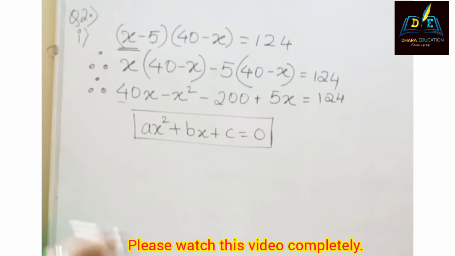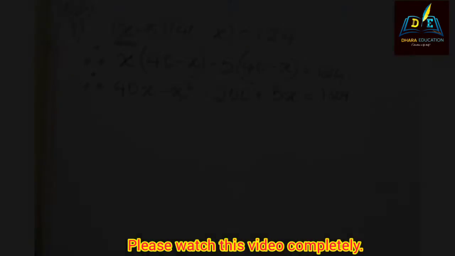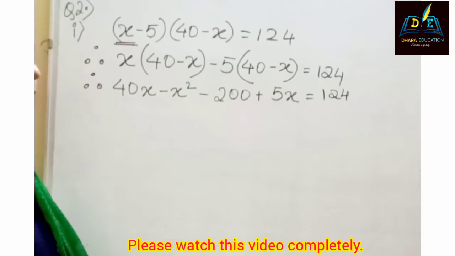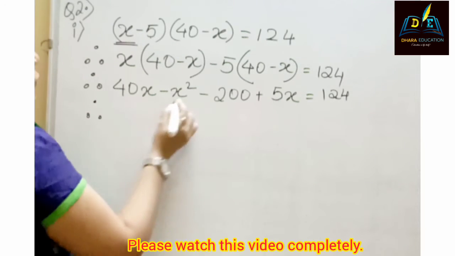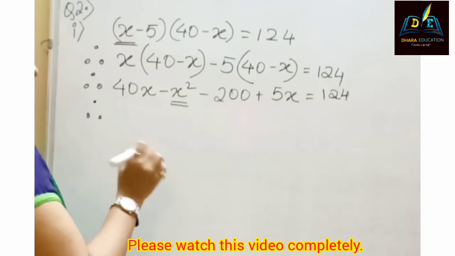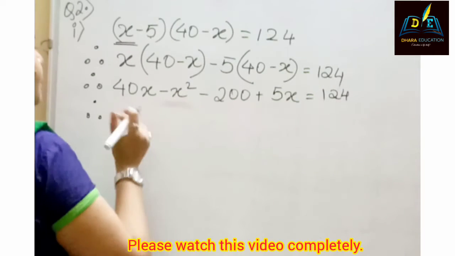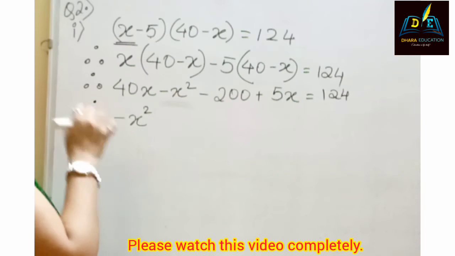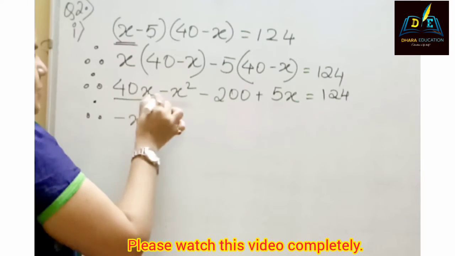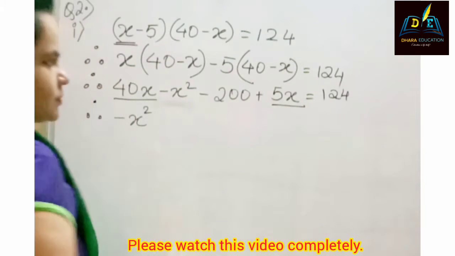So let's start and form it according to the standard rule of quadratic equations. We need to write it in the standard form, so we need to rearrange the things. First of all, we will write minus x square. And what is there now? 40x and 5x, correct?